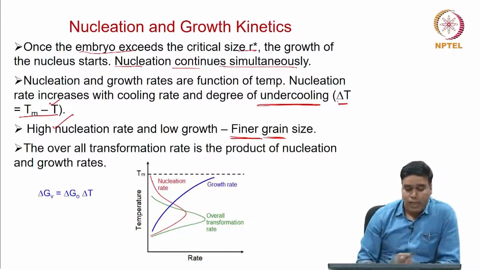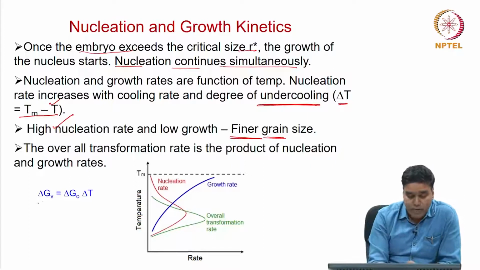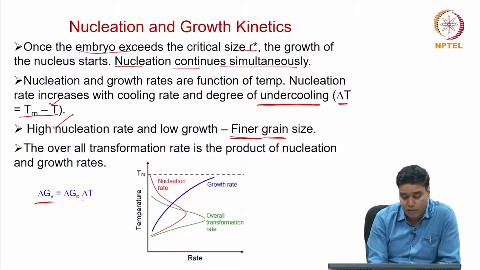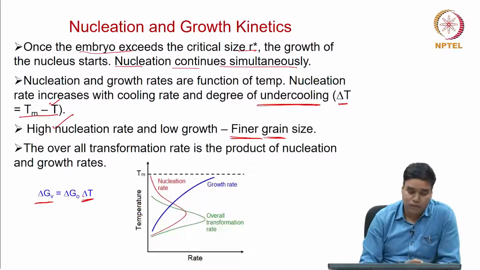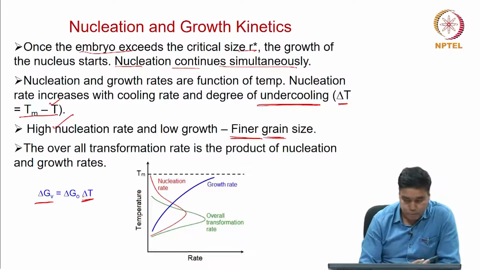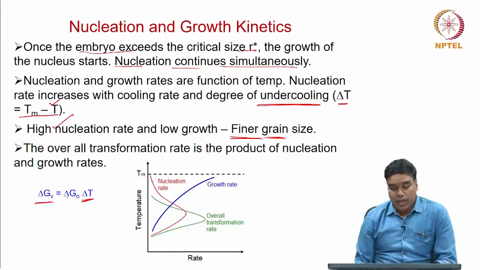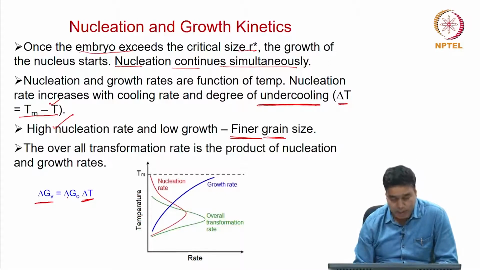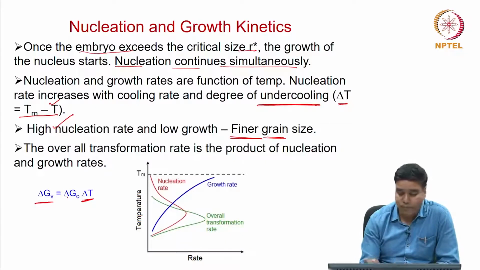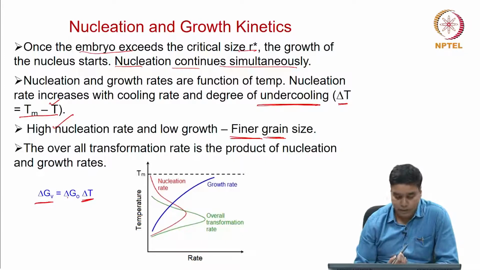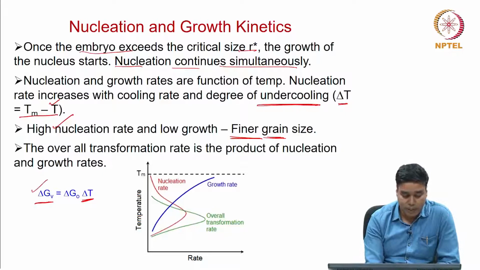And this free energy change, the volume free energy change delta G, is a function of this undercooling, as you can see from here, where delta G naught is the standard free energy change. And therefore, you can see what will be the effect of the undercooling from this simple equation itself.